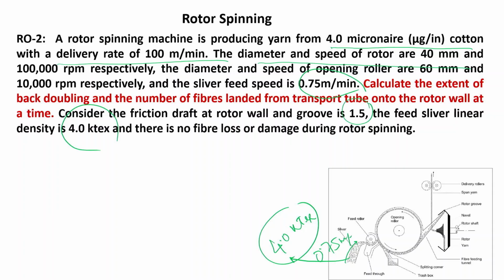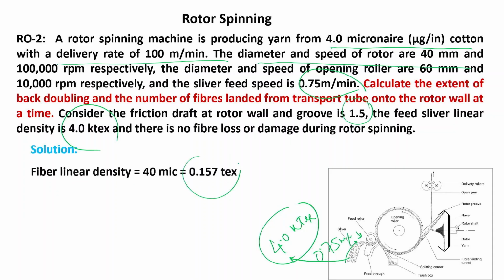So, we can start from the sliver itself. Now, 4 micronaire means, we know that, 0.157 tex.